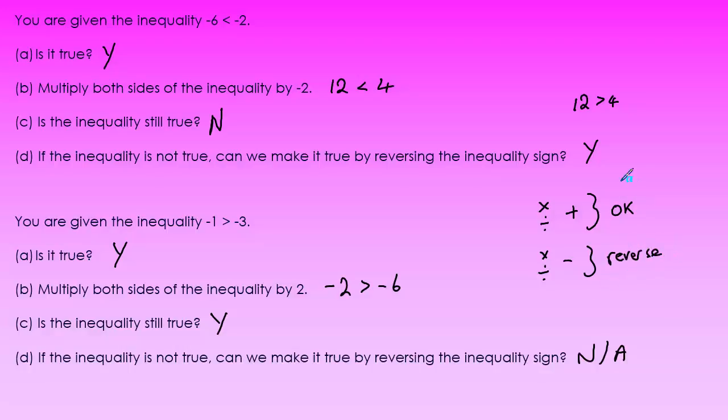And this is an important point which you need to remember and make sure you use when working with inequalities. If you multiply or divide both sides by a positive, the inequality sign faces the correct way and you don't need to do anything. But if you multiply or divide by a negative number, then you're going to need to reverse the inequality sign.